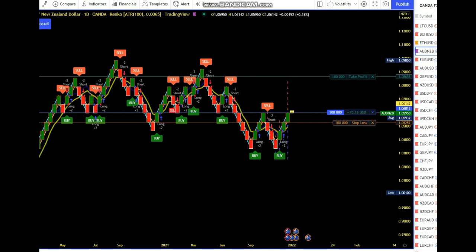As we are here now on a daily chart, Australian dollar versus New Zealand dollar, where the price is at 105,950. Well, here, on a daily chart, I will show you first what's the difference.